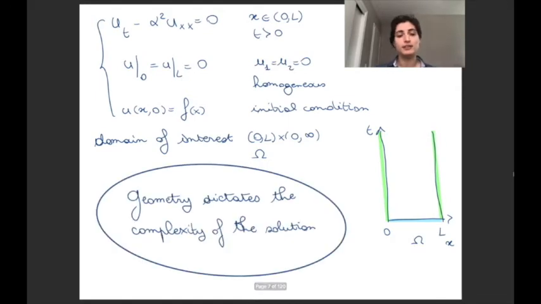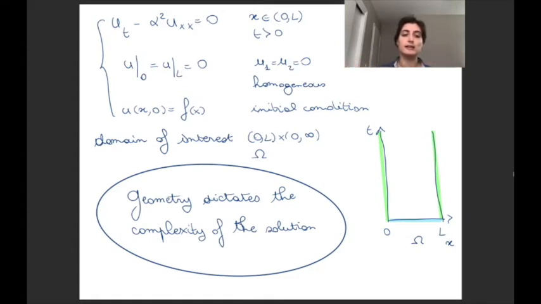So now that we have this, we want to point out that in general, the geometry of your domain dictates how difficult and complicated the solution is. So we started with the simplest possible domain. It's just an interval.